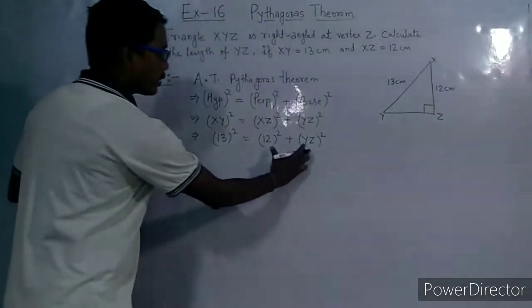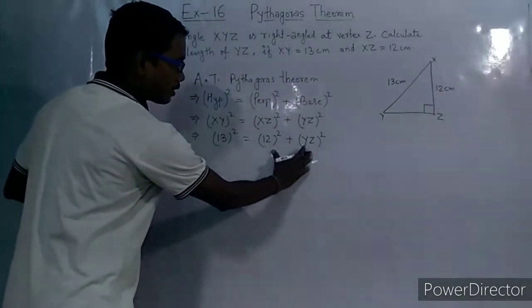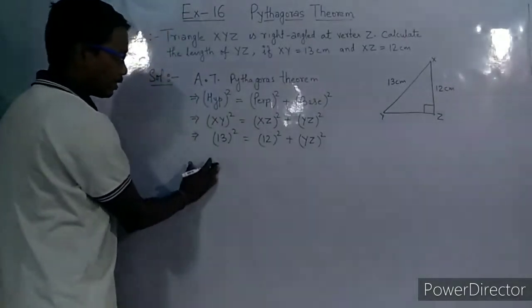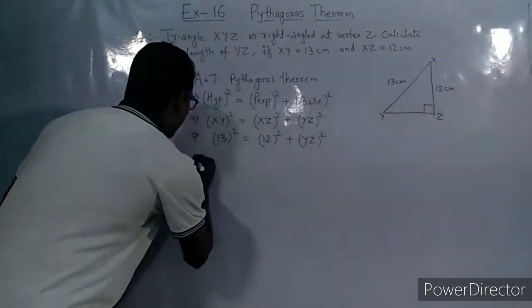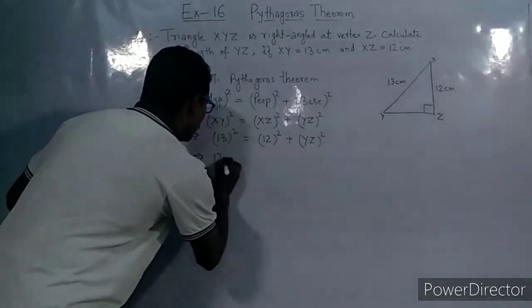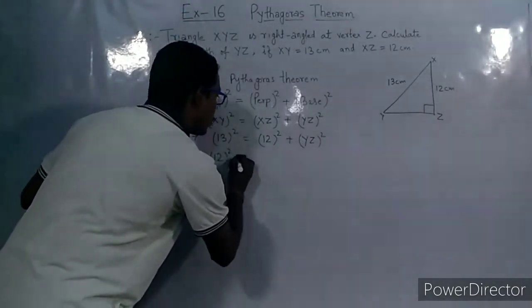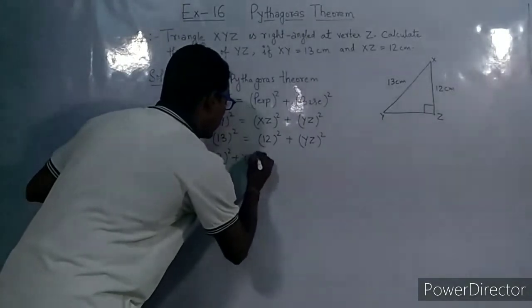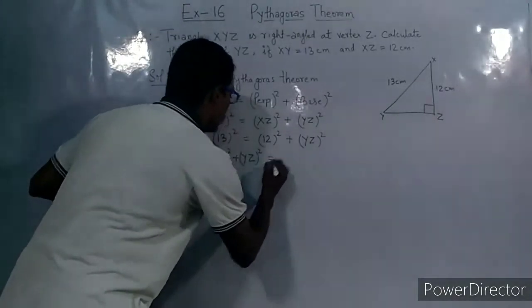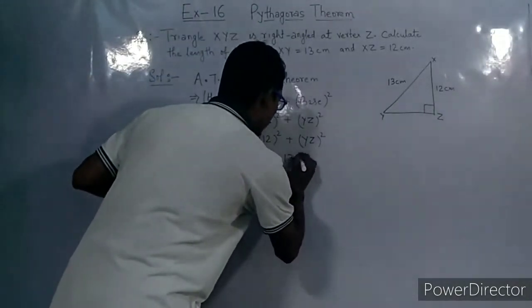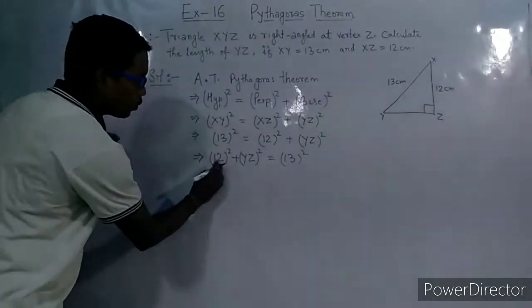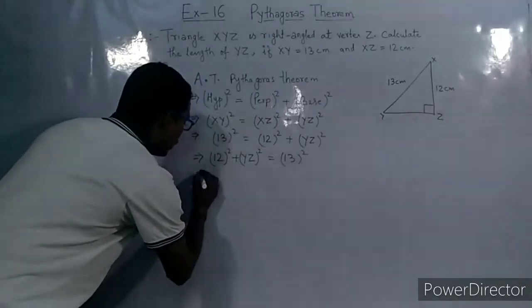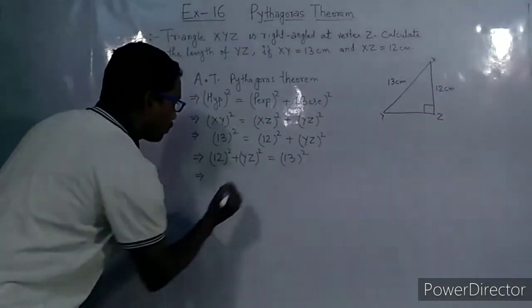Now we will bring the right hand side to the left hand side and the left to the right side. So it will be 12 square plus YZ square equal to 13 square. Now we bring this 12 square to the right side, so it becomes minus.